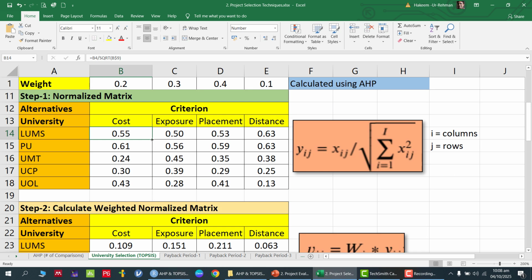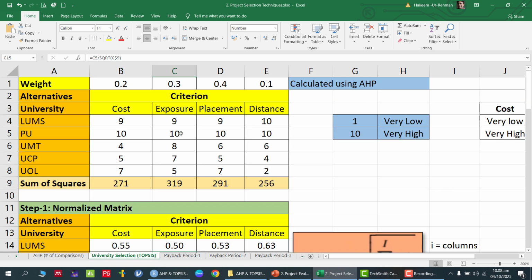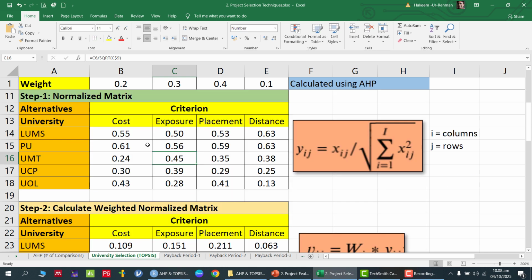Once we have applied it, we can simply drag it across up to the distance, as well as down the entire matrix. Now if I click over here, it should be 10 divided by the square root of 319. So based on that, we have calculated the normalized matrix.